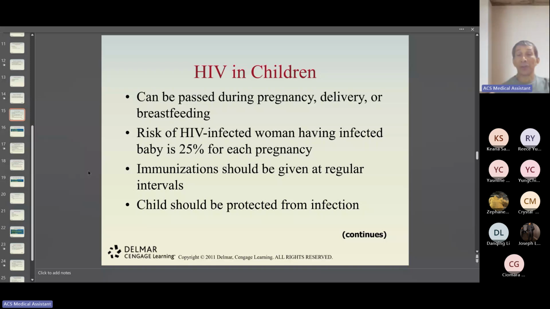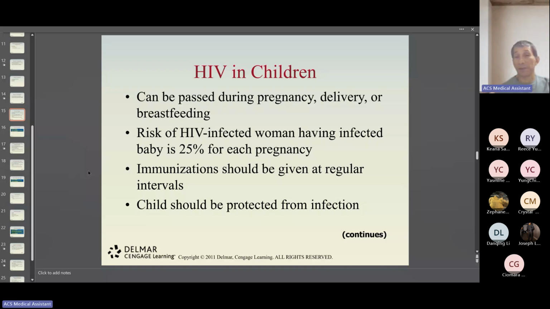So we have to do different tests after the baby is born. And after a certain period of time, if it is still positive, then we can confirm that the newborn is HIV positive. Other than that, it's not.